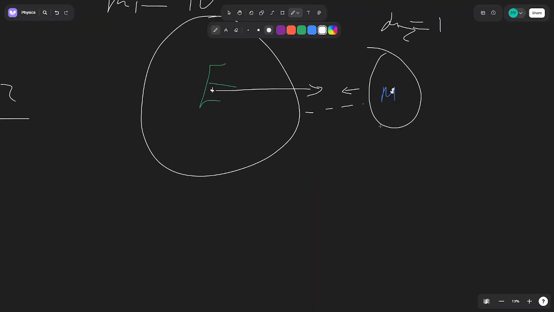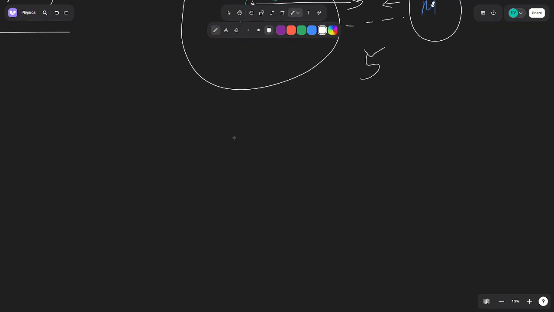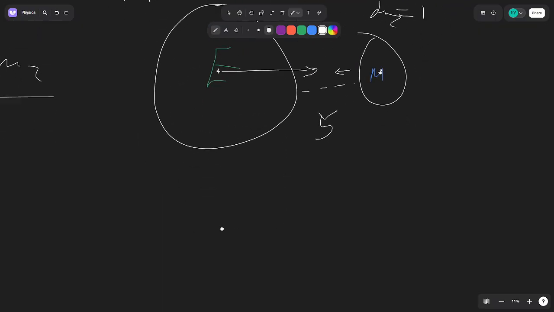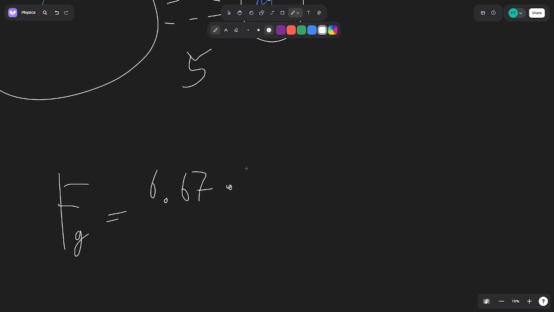The distance between them is 5. So the gravitational constant is 6.67 times 10 to the negative 11, times 1 times 10, divided by 5 squared.